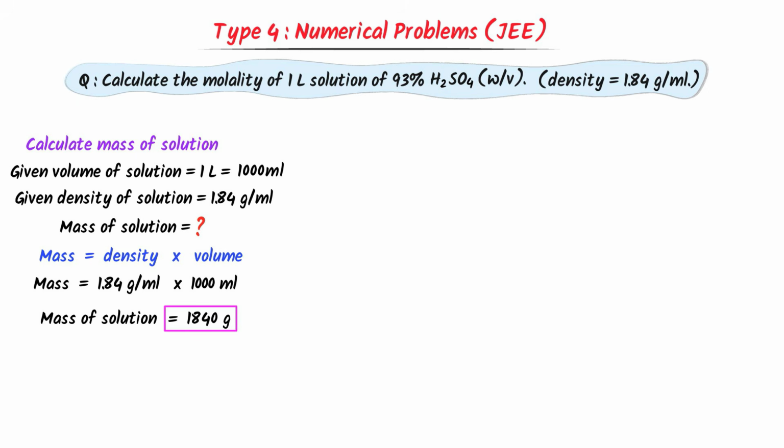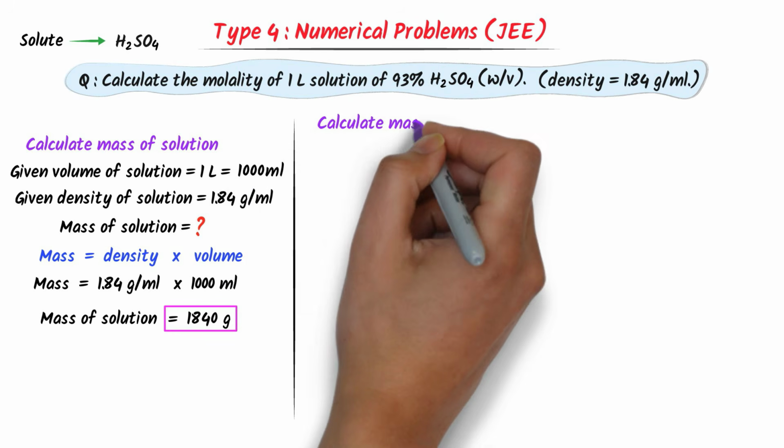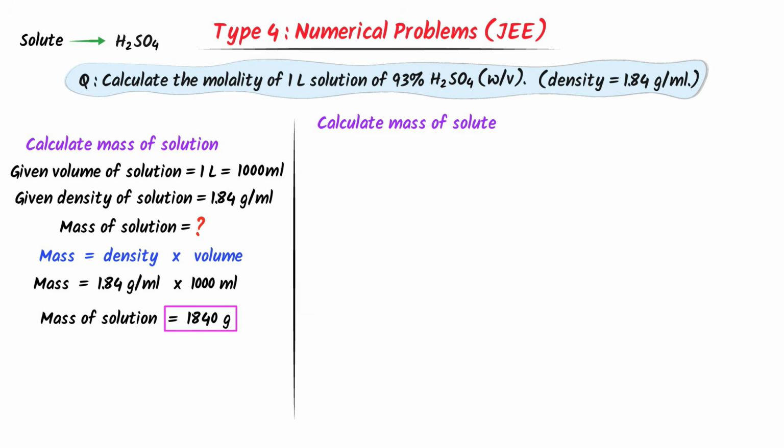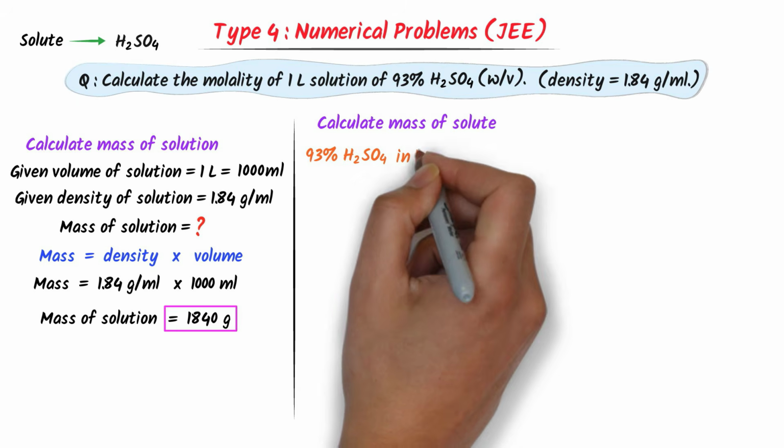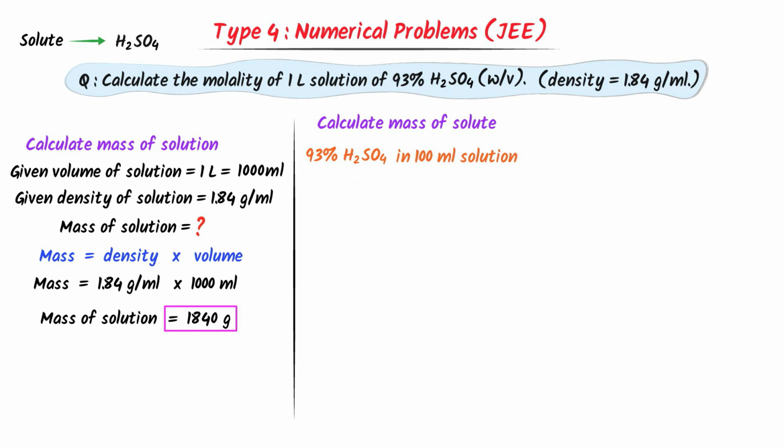Secondly, we know that the solute is H2SO4. We will calculate the mass of the solute. In the question, we are given 93% weight by volume of H2SO4, which means it is present in 100 ml of solution. It means that in 100 ml, there are 93 gram of H2SO4.